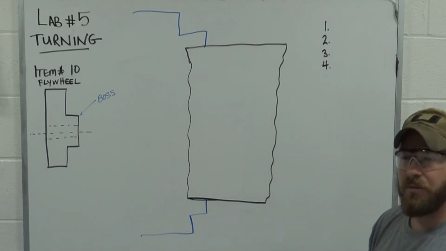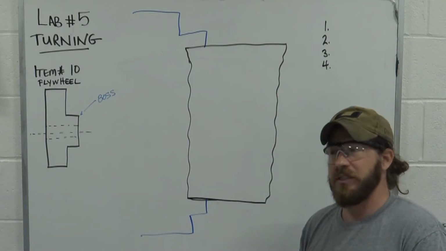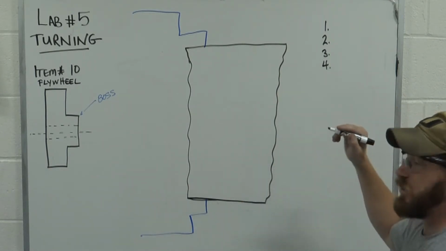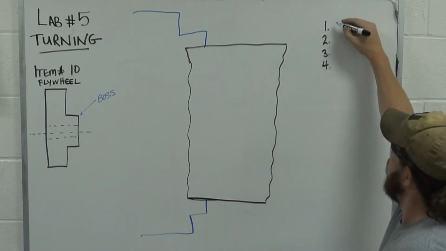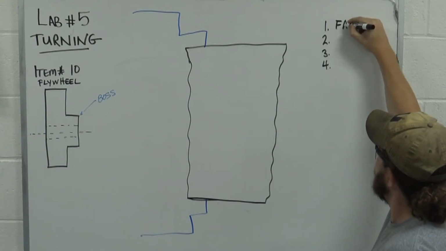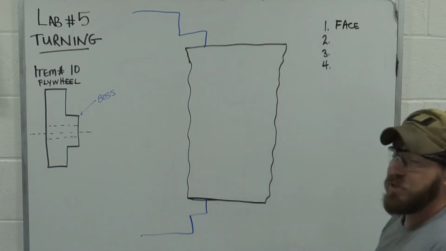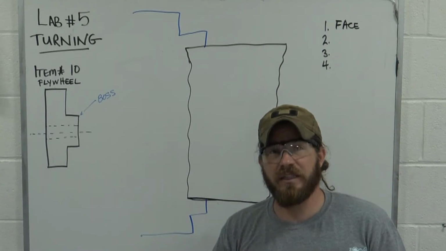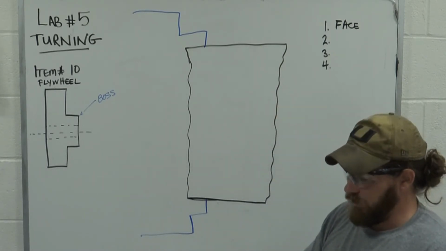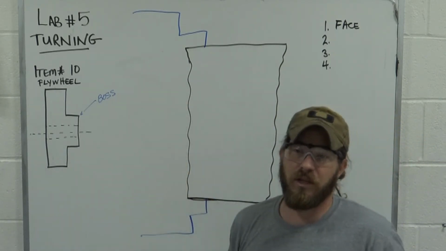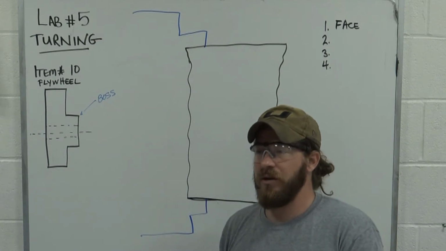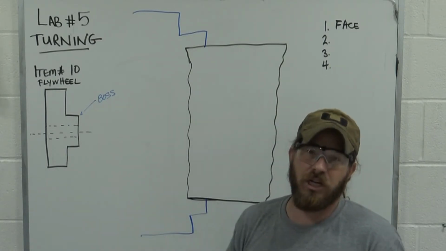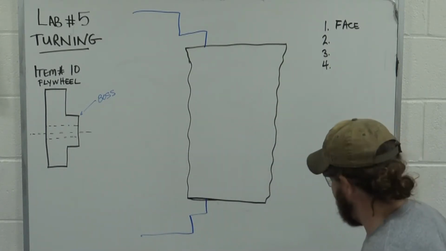I can't think of a reason why you wouldn't do this every single time. The first thing we're going to do is face it. That creates that nice smooth front from which we can then reference other geometry and dimensions.